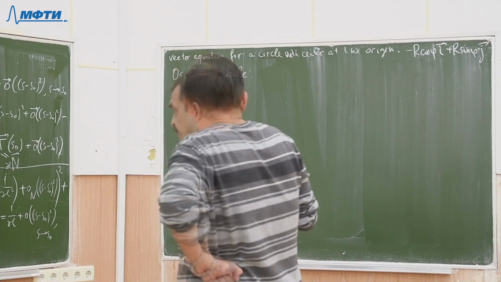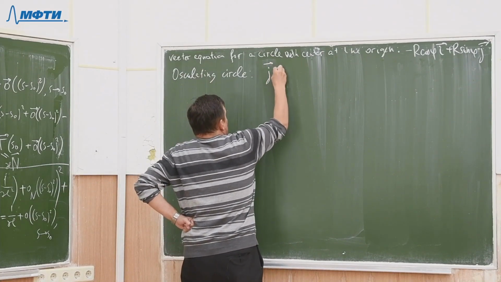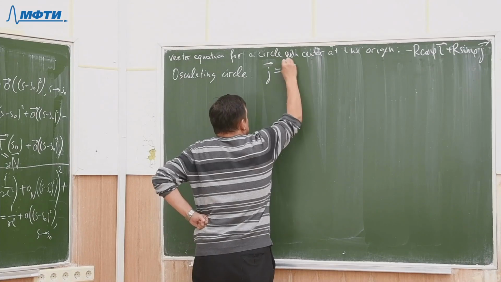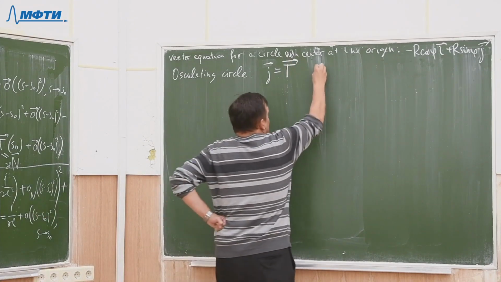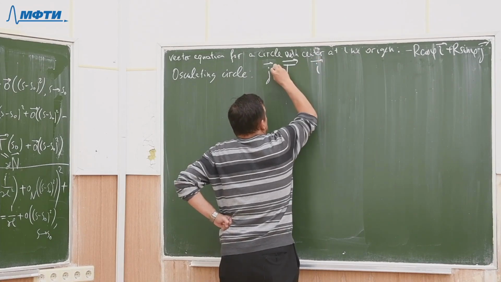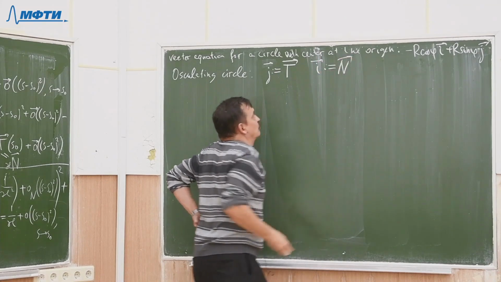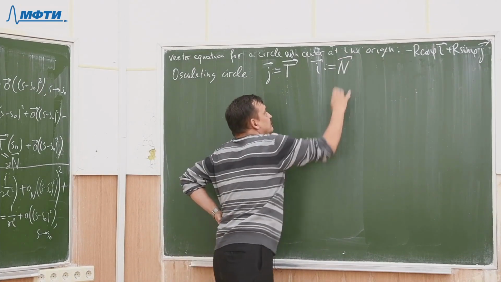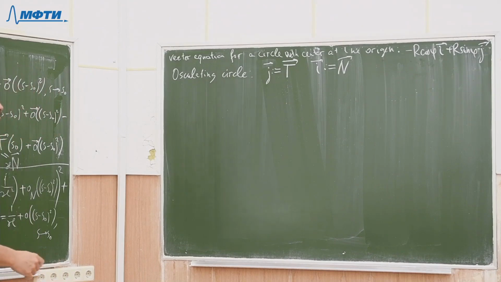And now j I'll take as unit tangent, and i as unit normal, principal normal. That is how it will be more suitable for us.